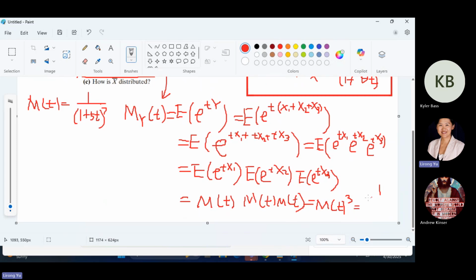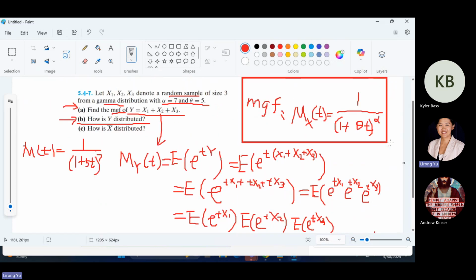So it's going to be 1 over (1 plus 5t) to the power 3, and there's a power 7 there. So 3 times 7 is 21. Okay, right? And then we realize there's a one-to-one correspondence between the moment generating function and the distribution itself.